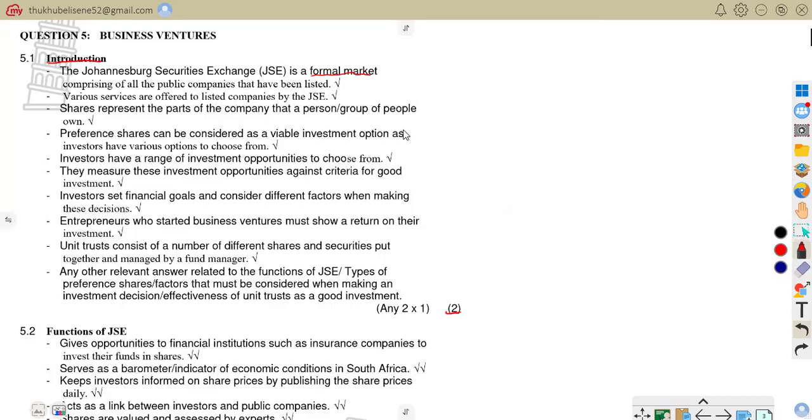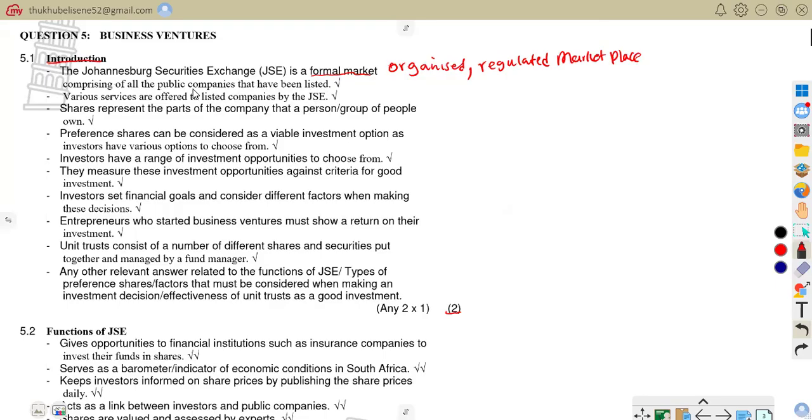Meaning to say it is an organized, regulated marketplace, where only listed companies can trade their shares.